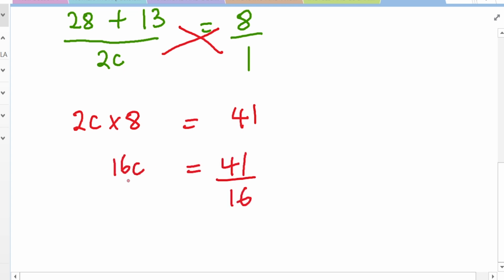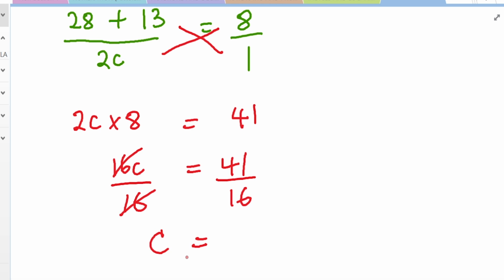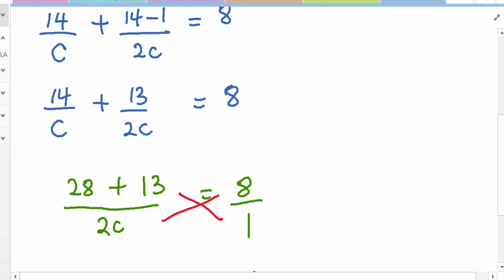Divide both sides by 16. Our value of c is going to give us 2.5625. That's our value of c.